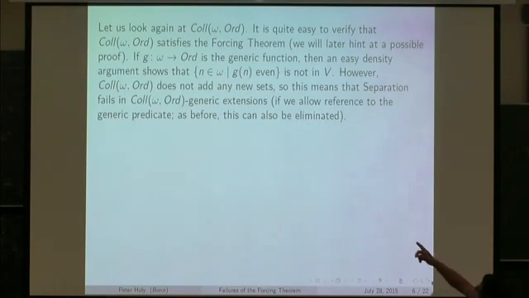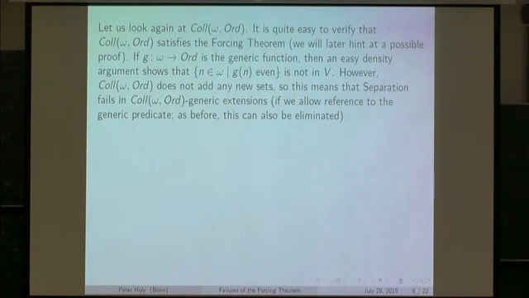If you do this forcing, you get this omega sequence which is cofinal in the ordinals, and let's represent it by this function g, which is just this map from omega, cofinal to the ordinals. And then an easy density argument shows you that the set of natural numbers n such that g of n is even is not in the ground model.